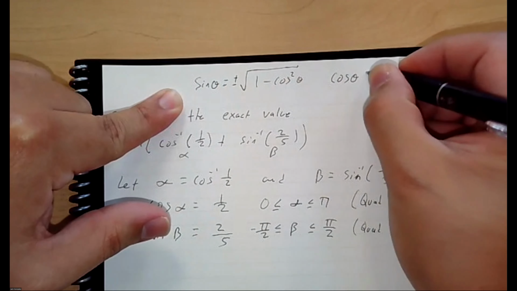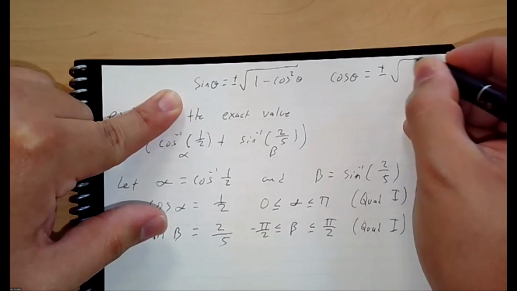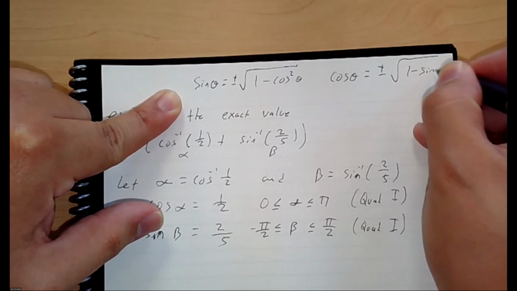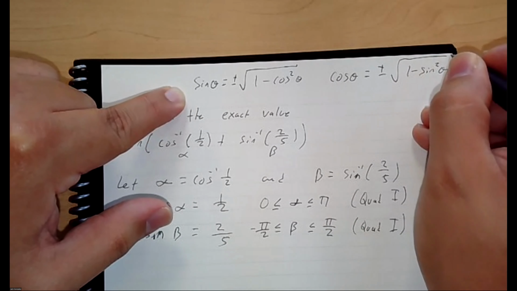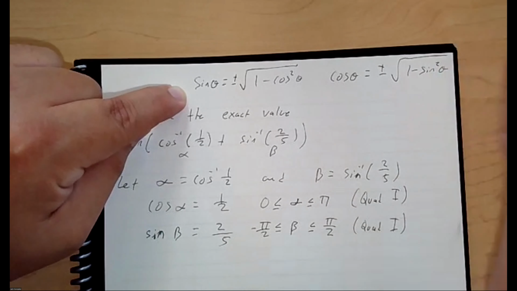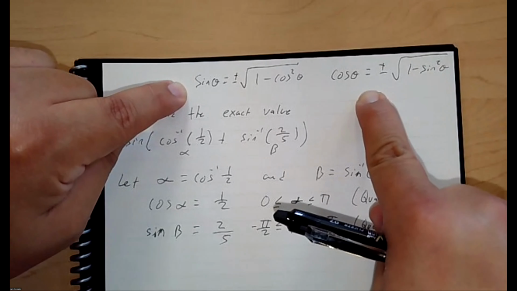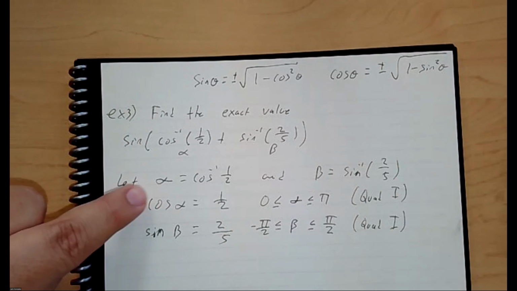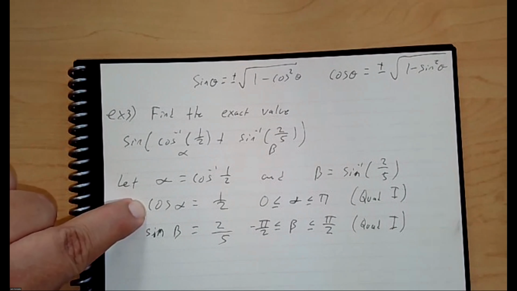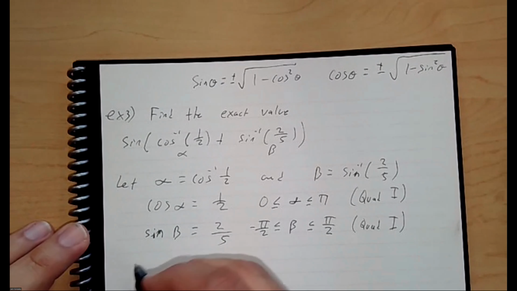Solve for cosine yourself and you'll get this. I'm just square rooting both sides of the Pythagorean formula, so I'm skipping that step and just giving you the formulas. Because I need to find sine alpha.